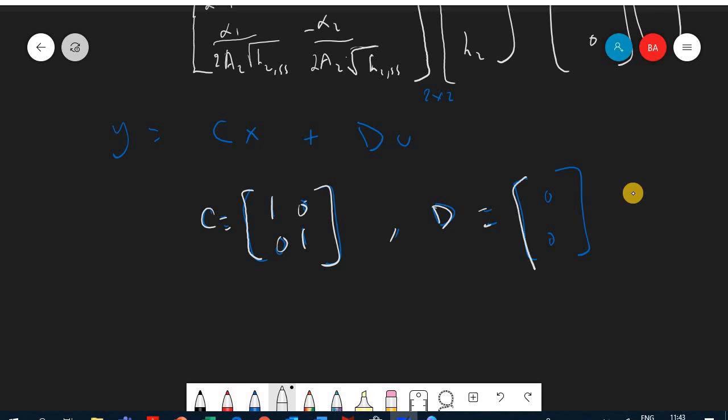There's one thing that I would like to mention here, which is that we said C is used for selecting the type of solution, selecting which solution is required.